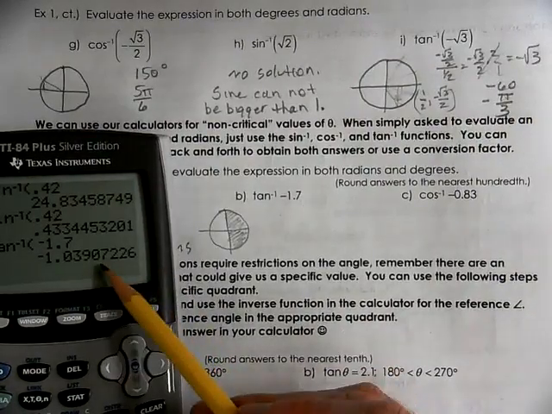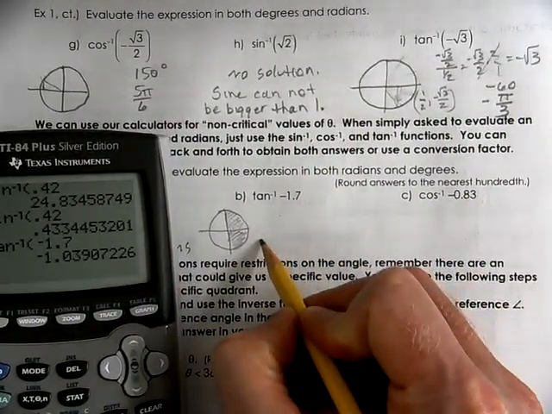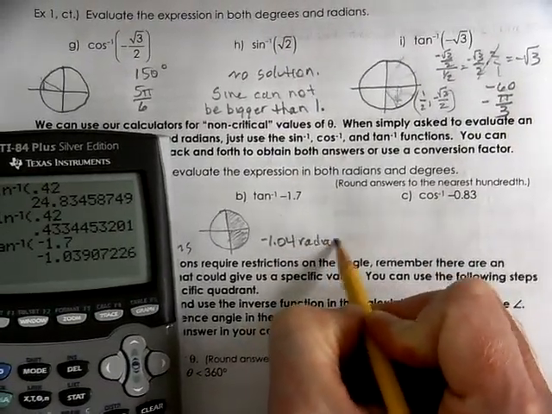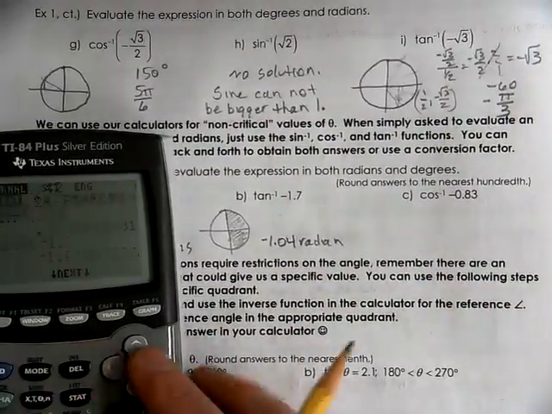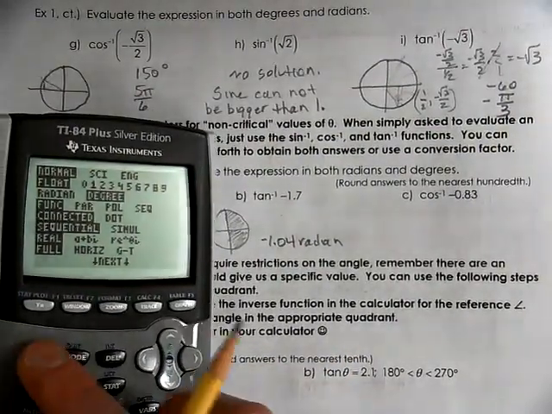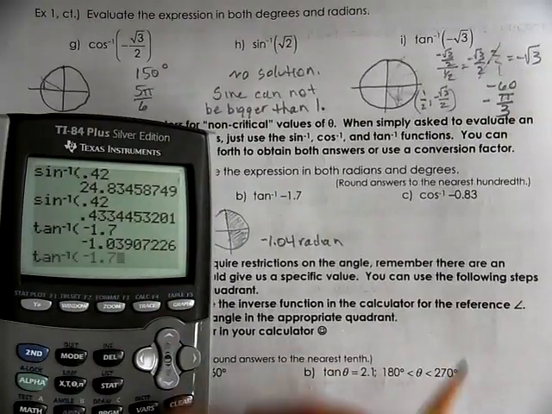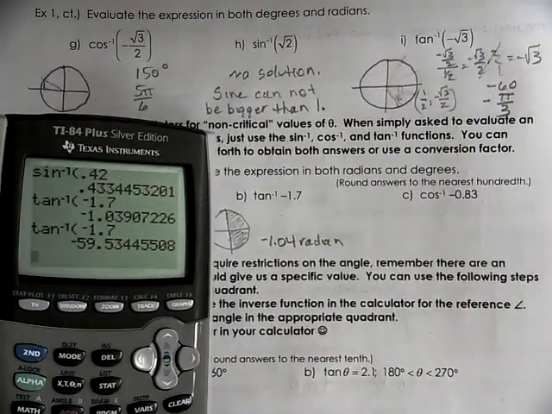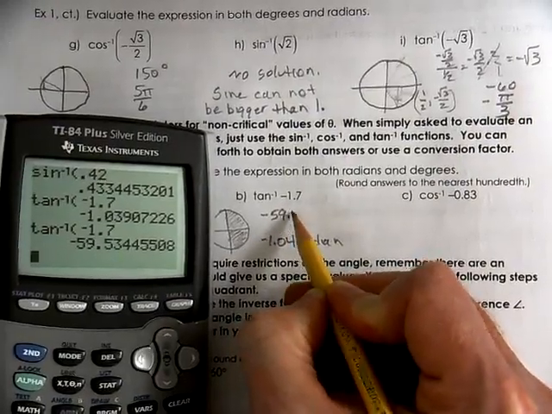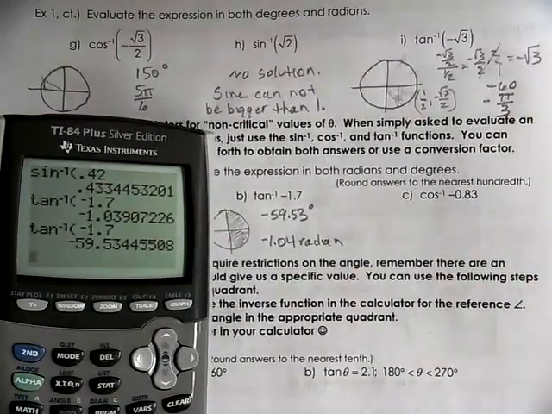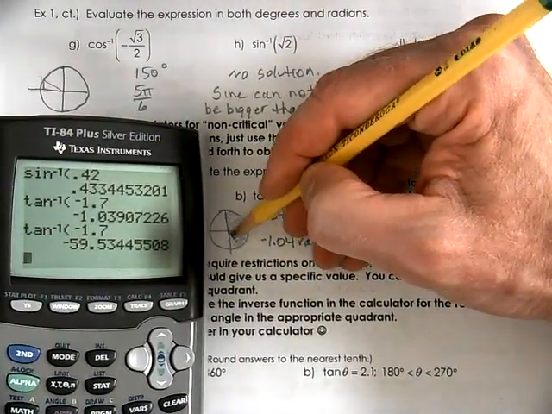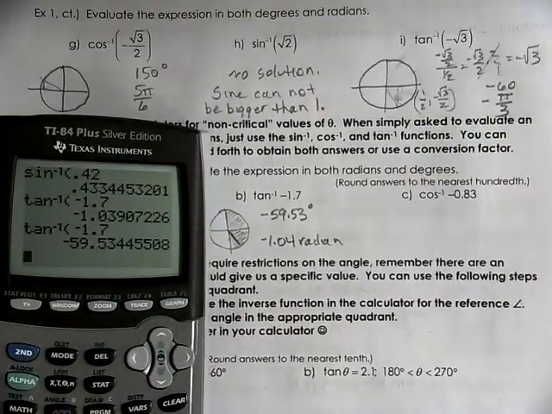So it gives us a negative radian. And if I switch this over to degrees, I get negative 59.53 degrees. So that would be coming in here like that.